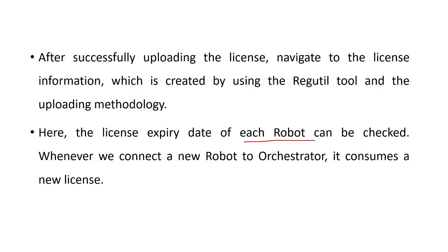More specifically, you can see each and every piece of information about the robots, what task it is producing, at what time it has been scheduled, how it is working, and whether it has been licensed or not licensed. If it is licensed, the expiry date and the license number, every detail you can get from the Orchestrator server.